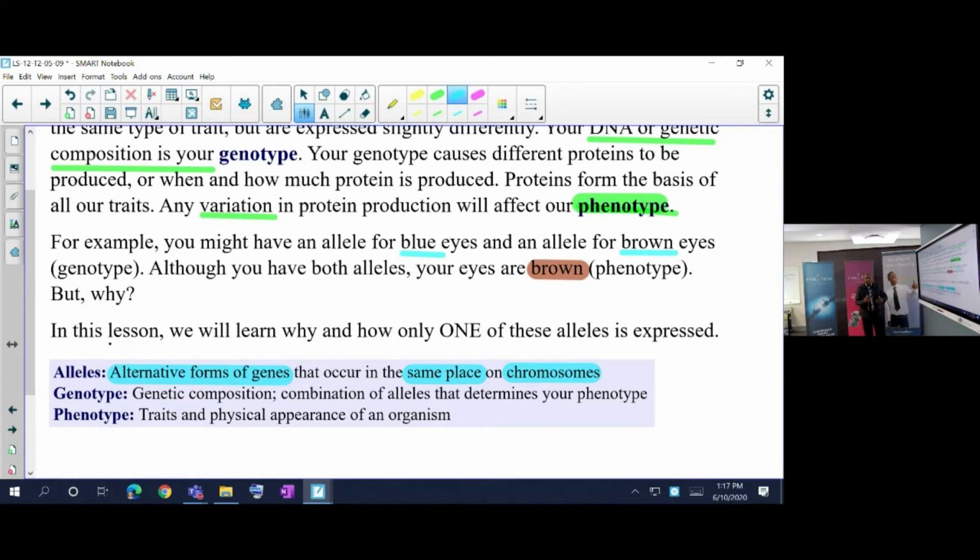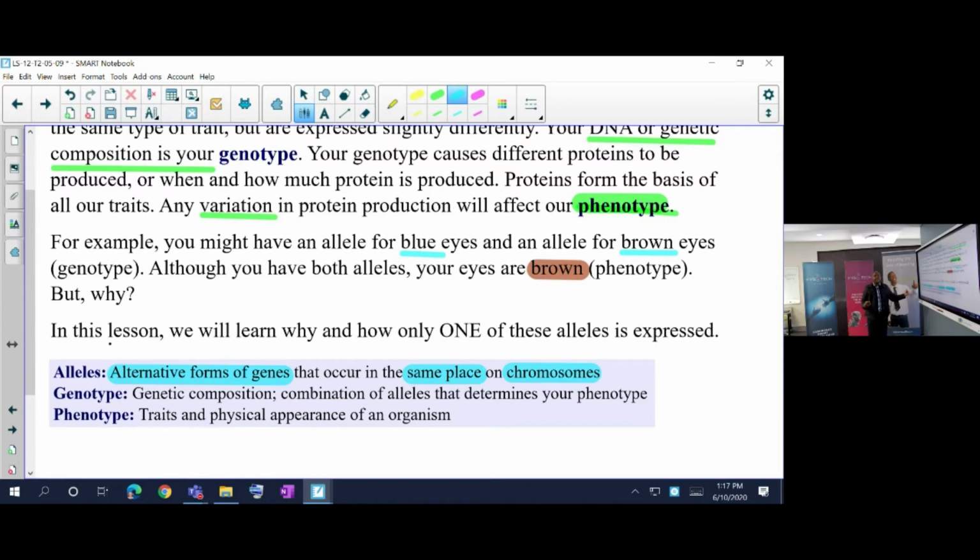Right. Let's try to make sense of genotype again. Genotype is the genotypic composition, and it's given by the combination of the 2 alleles. Ultimately, the genotype would determine the physical appearance of an organism. I can say I'm short.